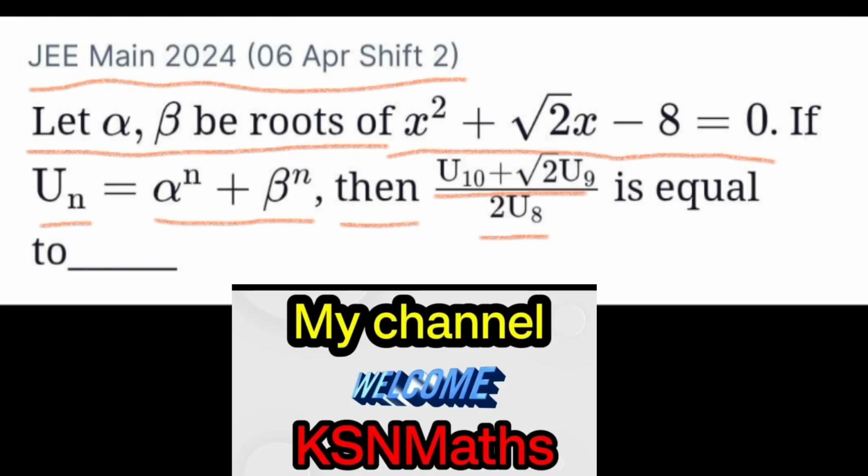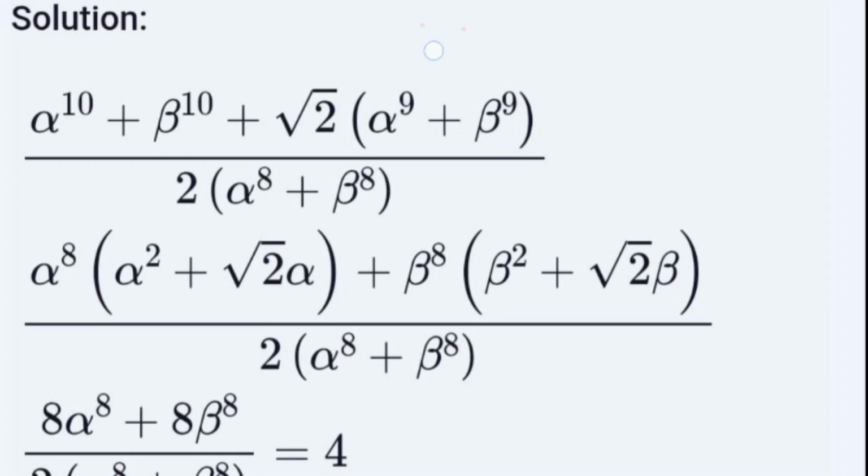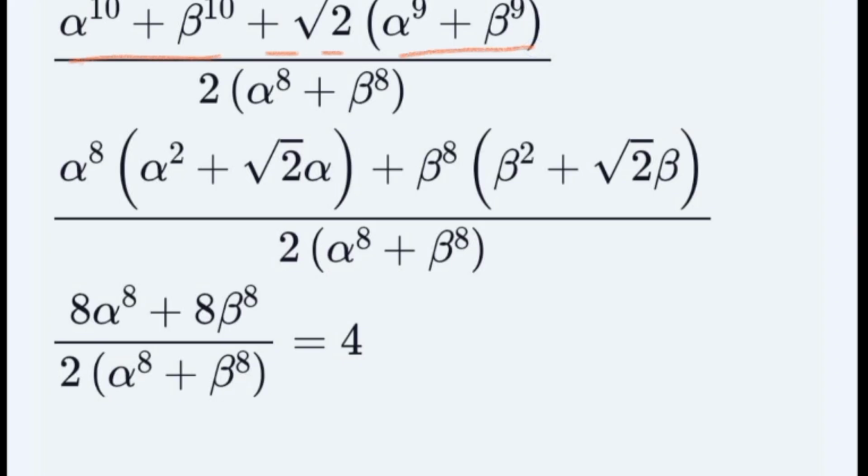Here Un is equal to alpha power n plus beta power n. So U10 means alpha power 10 plus beta power 10, plus root 2 U9 means alpha power 9 plus beta power 9, by 2 U8 means alpha power 8 plus beta power 8.